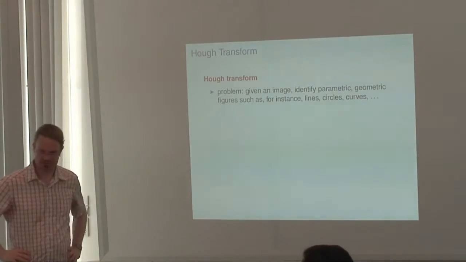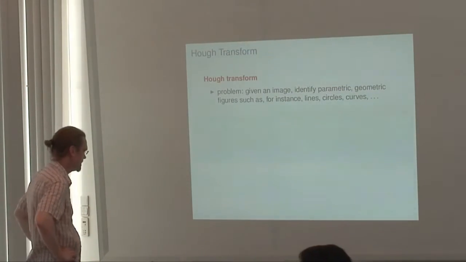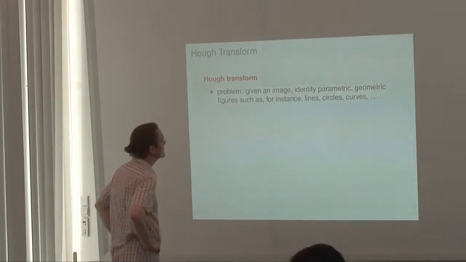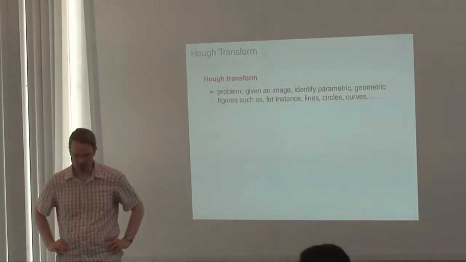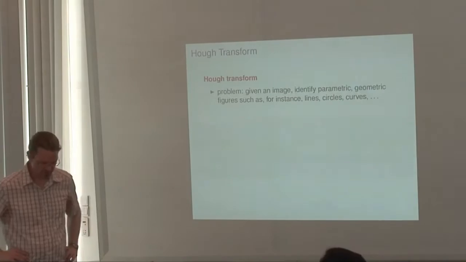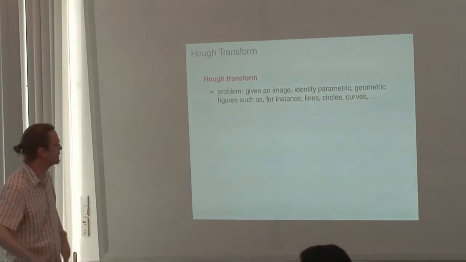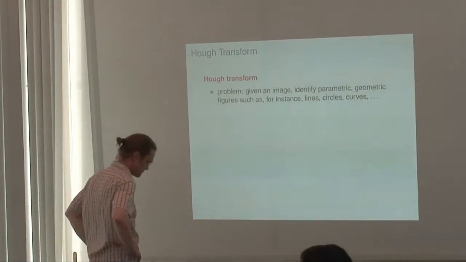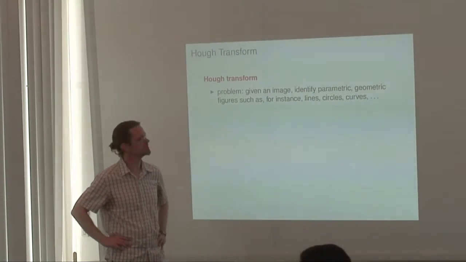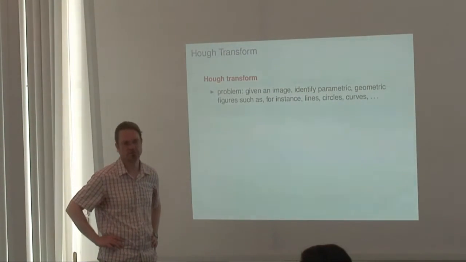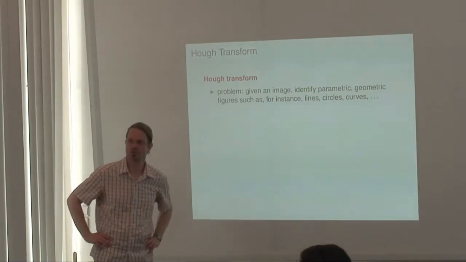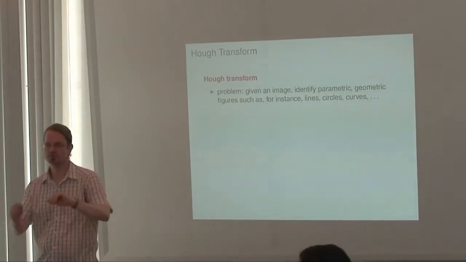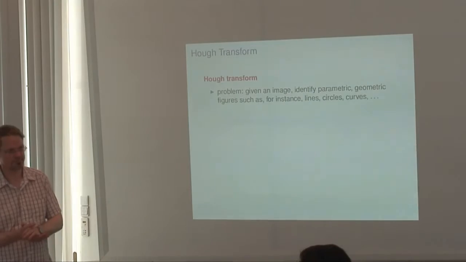So then let's move on to likely the most interesting idea we are going to study today, the idea of Hough transforms. And the problem that we are interested in right now is the question: can we, given an image, identify parametric geometric figures such as, for instance, lines, circles, curves, stuff like that. Stuff which, using pen and paper, could be described with an equation. Right?